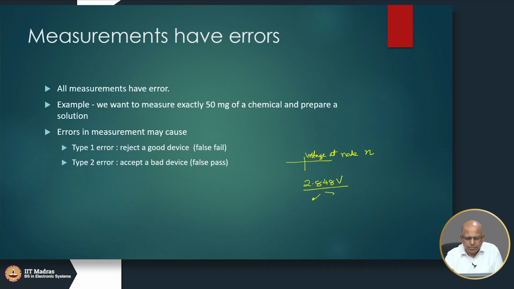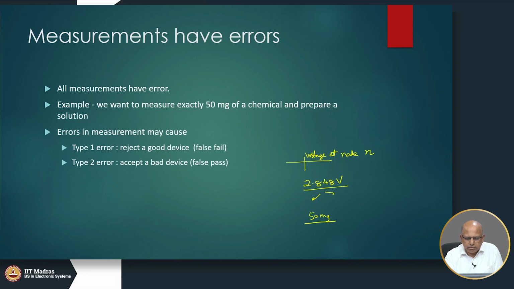In chemistry lab, in the first year of engineering, students go to the chemistry lab, right. Sometimes they have to prepare a solution and they have to weigh exactly 50 milligrams of some compound, okay.